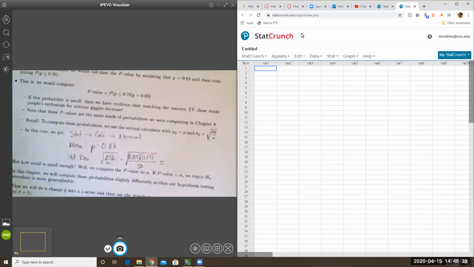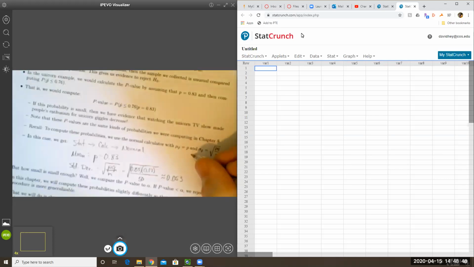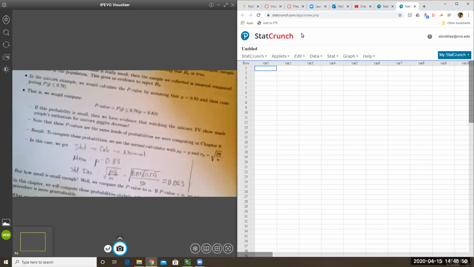So we've got square root of 0.83 times 0.17 divided by 50. That comes out to 0.053. Now we want the probability that p hat is less than or equal to 0.76.